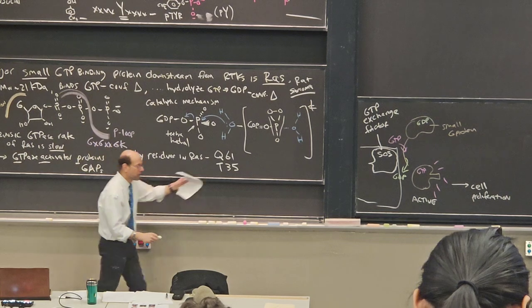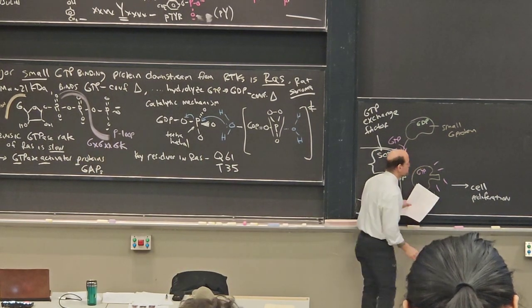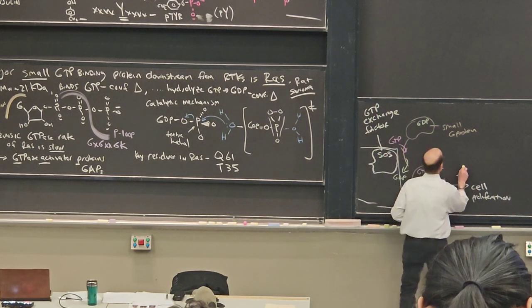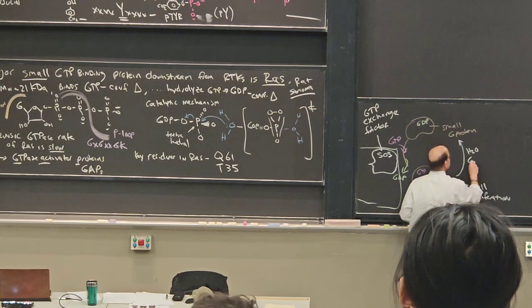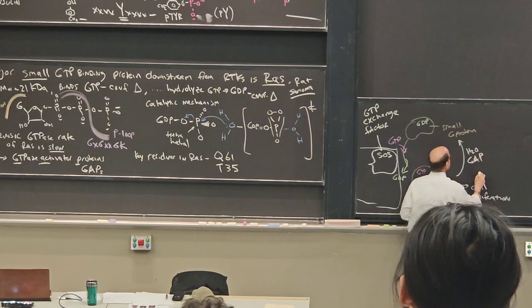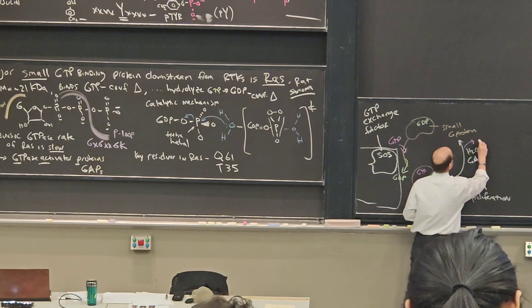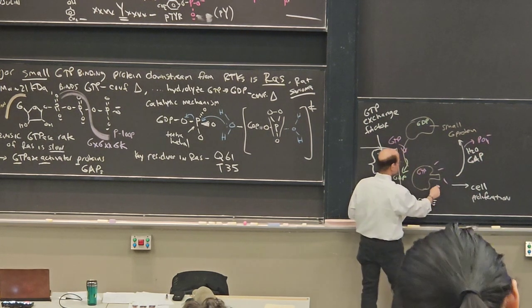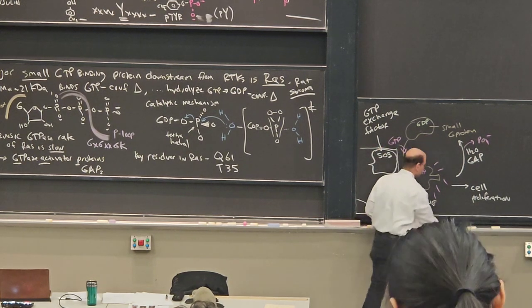So, going back to this original diagram, in order for me to turn off RAS GTP, I have to have a water molecule come in, and ideally a GTPase activator protein, and that will lead to a phosphate group falling off, and will convert RAS from its GTP bound form to the GDP bound form.